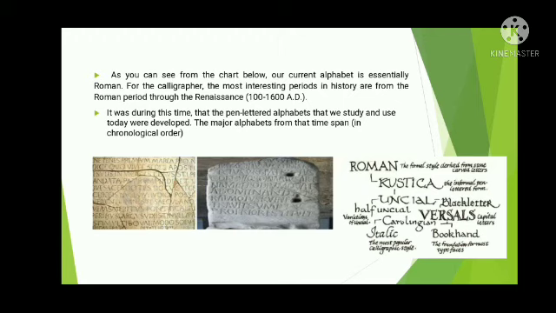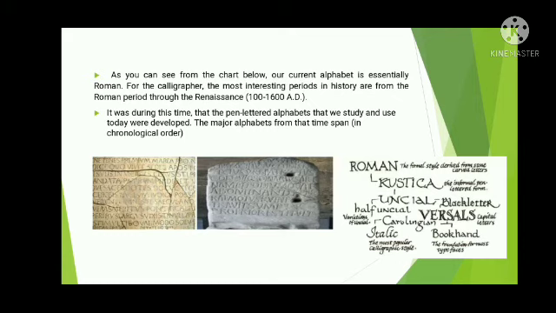As you can see from the chart below, our current alphabet is essentially Roman. That is why the original version of the alphabet letters was used by the Romans for the Latin language. It is derived from and very similar to the Greek alphabet.